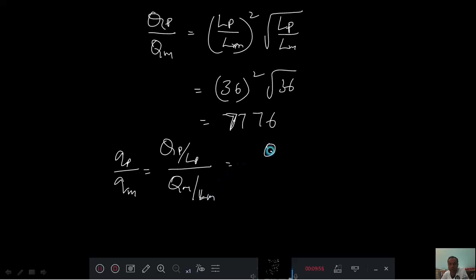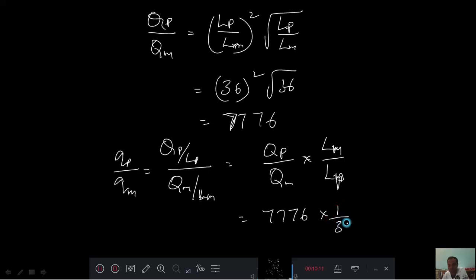Therefore this is nothing but Qp by Qm into Lm by Lp, reversed. Therefore this is 7776 into Lm by Lp, reversed it is 1 by 36. Therefore the answer is 216.